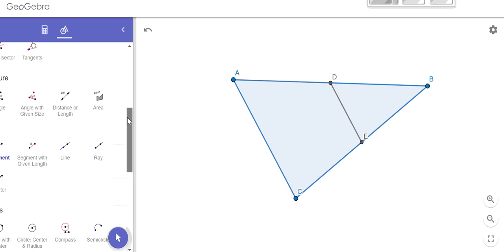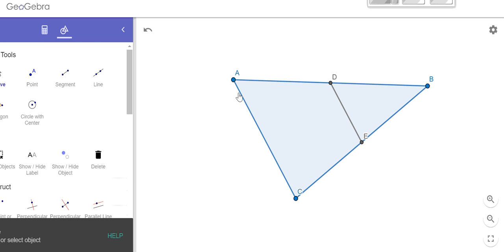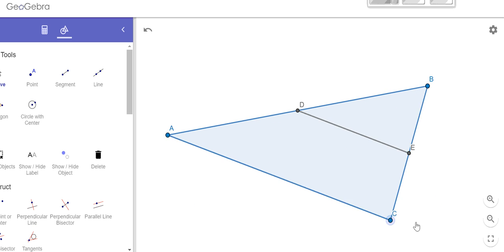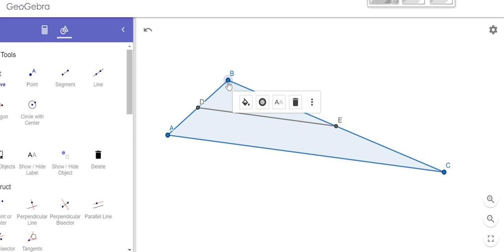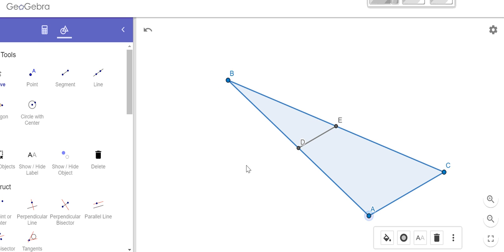What we want to notice is that as we drag the different points around, DE is going to be parallel to our side AC. No matter how I move this, DE is always parallel to AC.